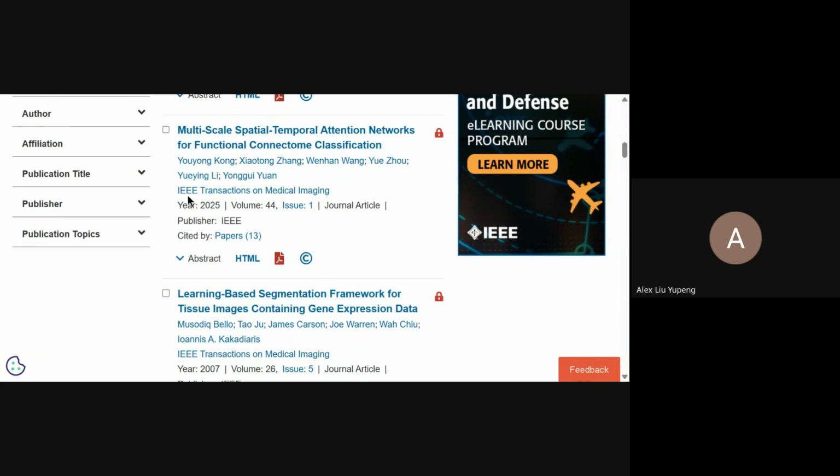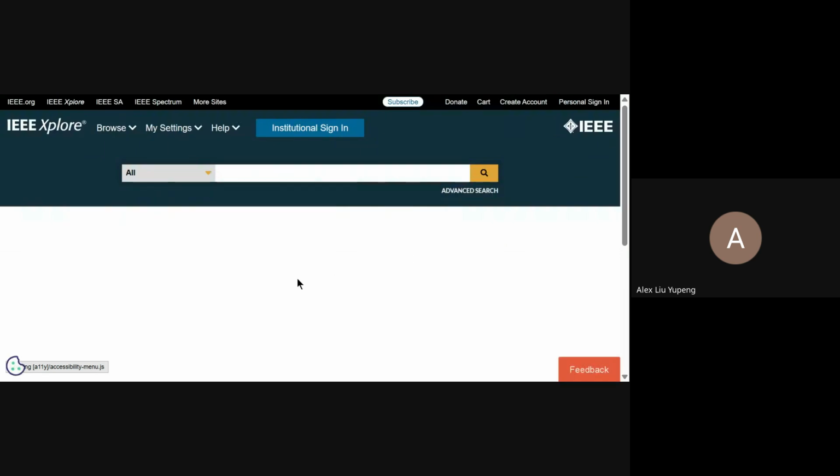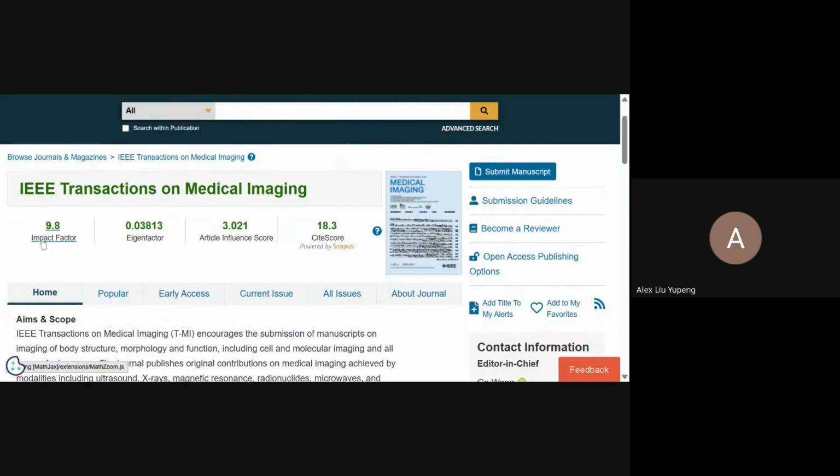Submission is straightforward. Just click on the title of the journal, which will bring you to the journal's homepage. It has all the information about the journal impact factor, eigenfactor, and there's a direct submit manuscript button here. Just click on it. This button, submit manuscript.